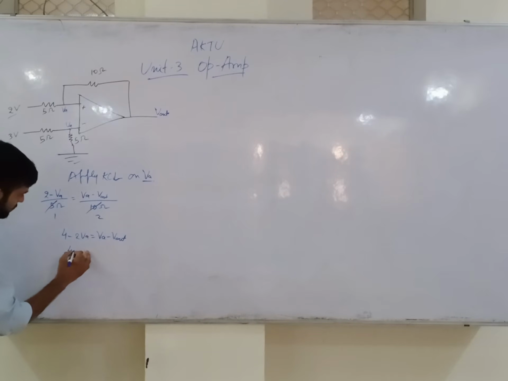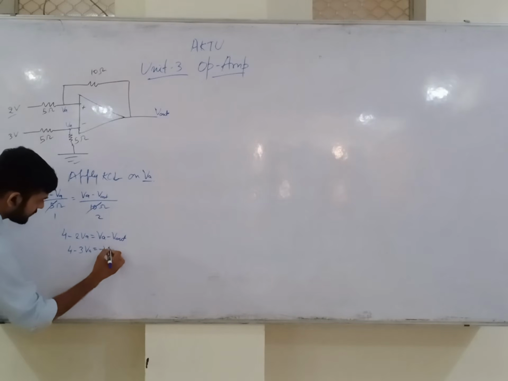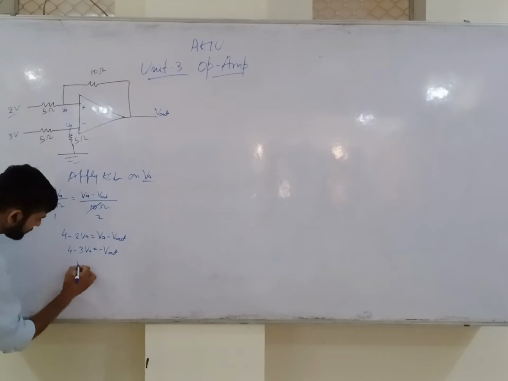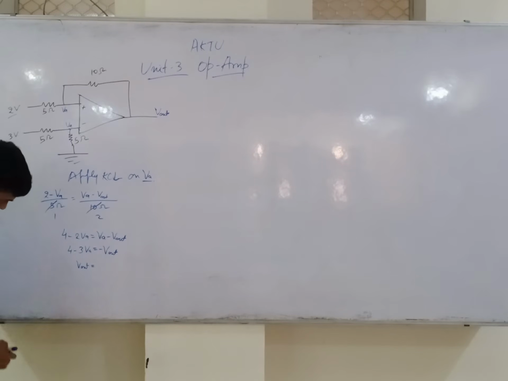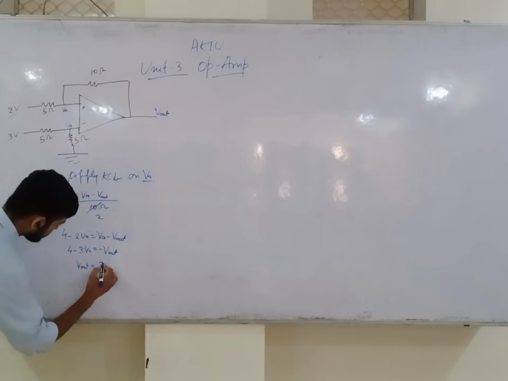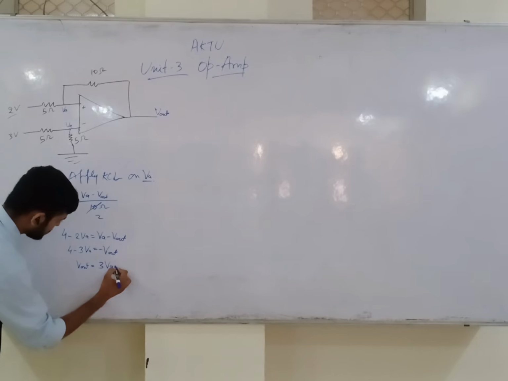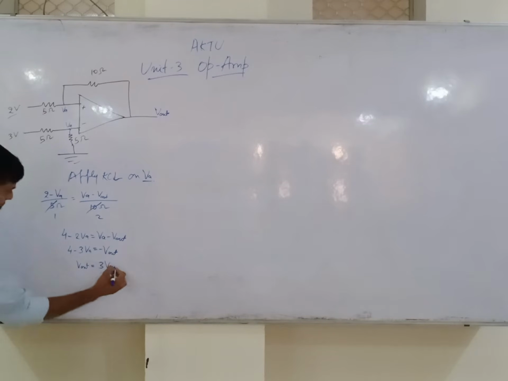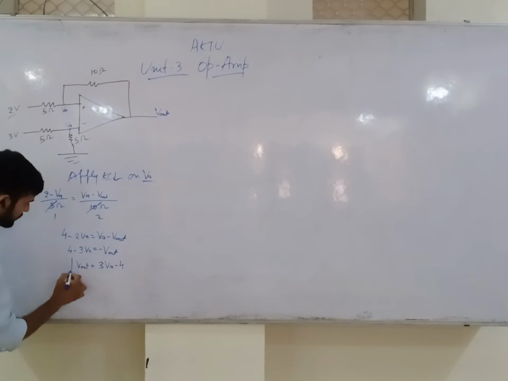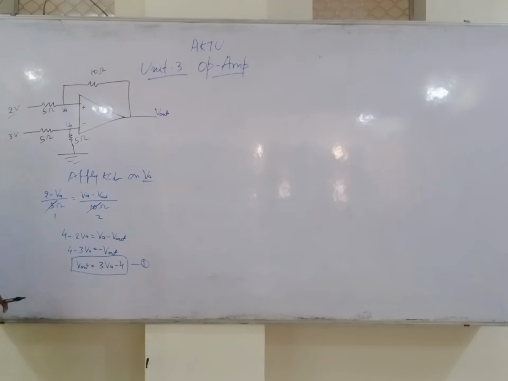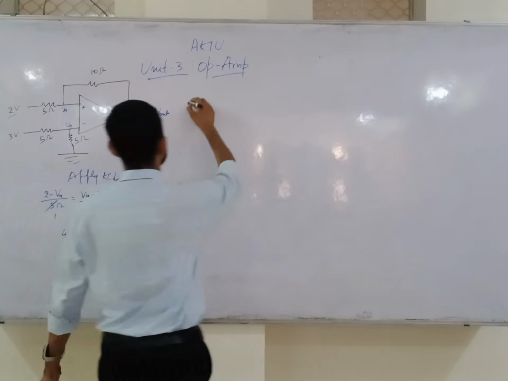So 4 minus 3VA is equal to minus V output. V output is equal to 3VA minus 4. This is one equation.